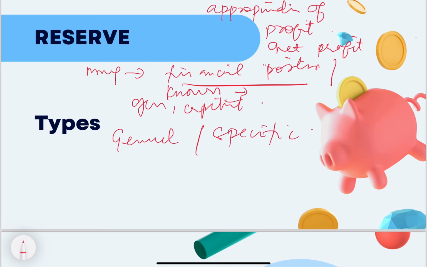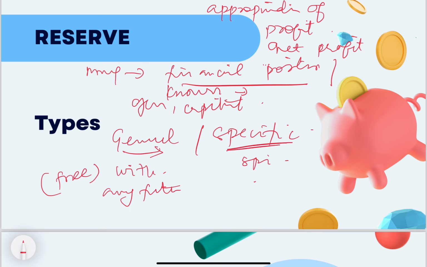In a general reserve, just like the name says, there is no specific purpose. It is used for any future need. It's also called a free reserve. A specific reserve is created for a specific purpose and can be used only for that purpose.